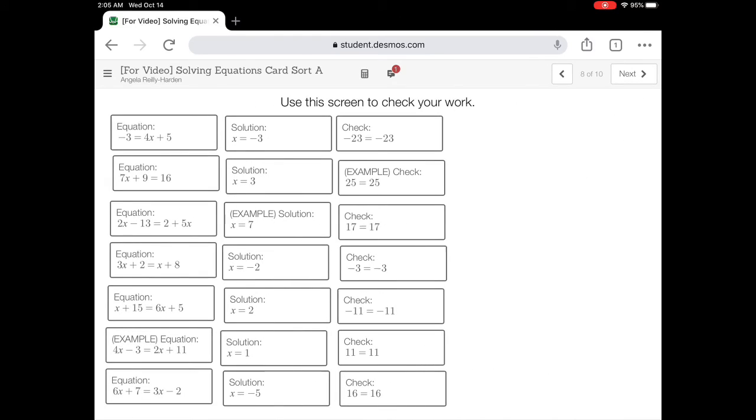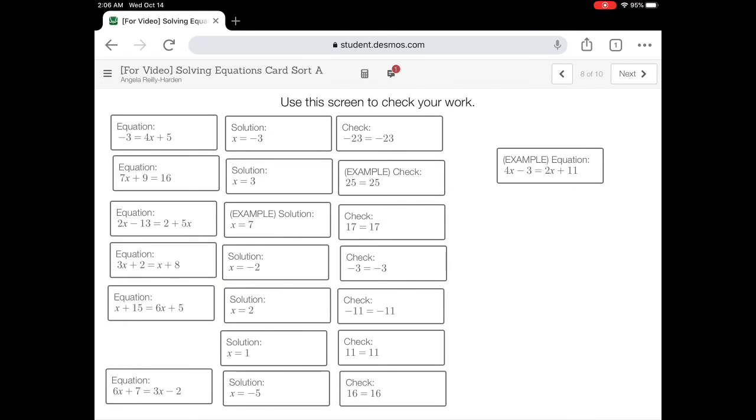When you see this, you're going to see all of the cards mixed up to start with. I started by making 3 columns. I put all of my equations on the left, all of my solutions in the middle, and all of my checks on the right. So I'm looking for the equation 4x minus 3 equals 2x plus 11.